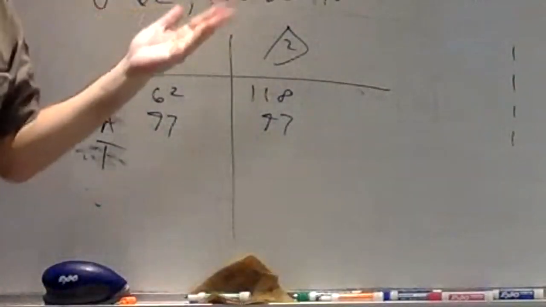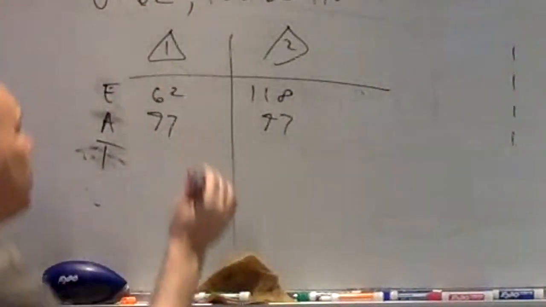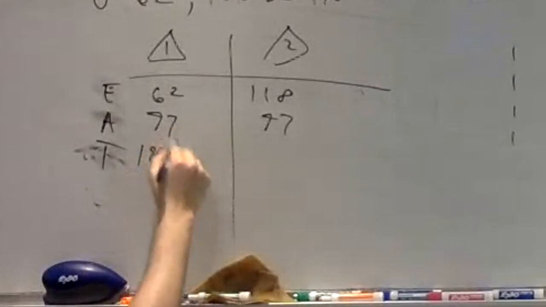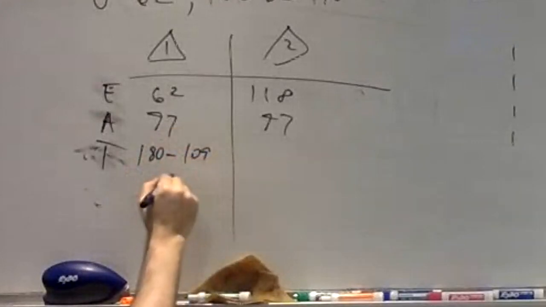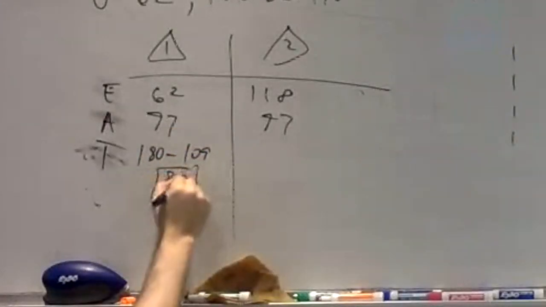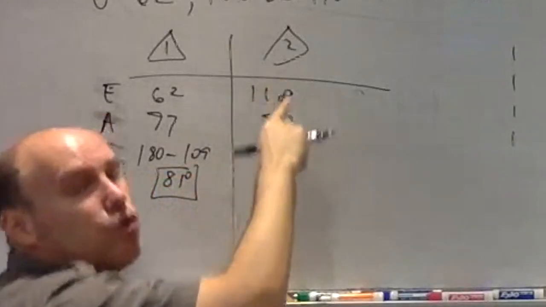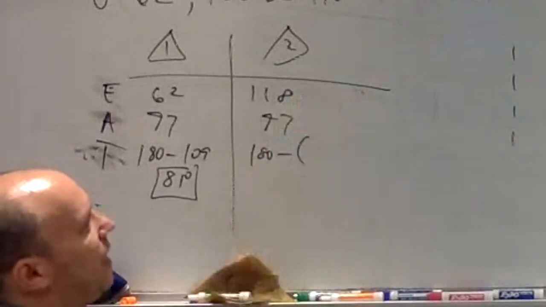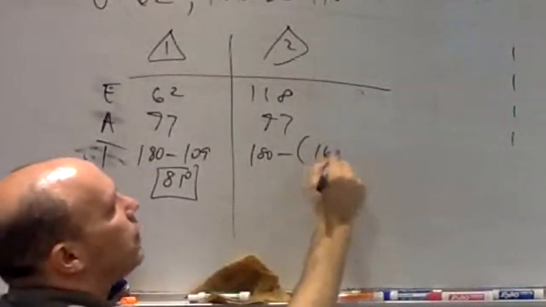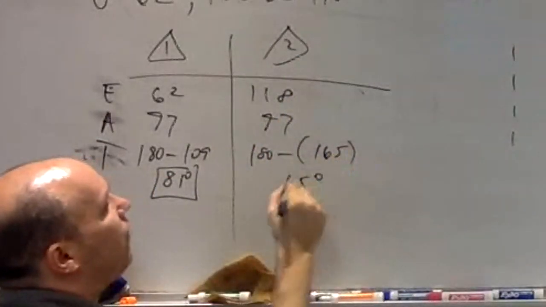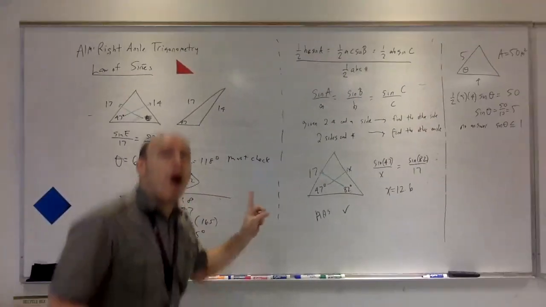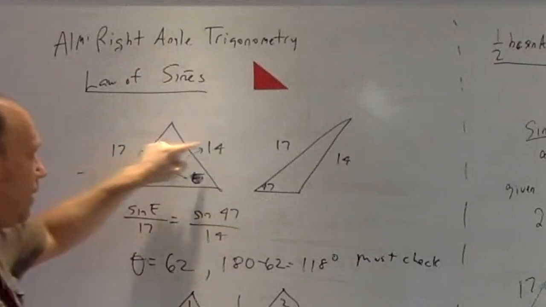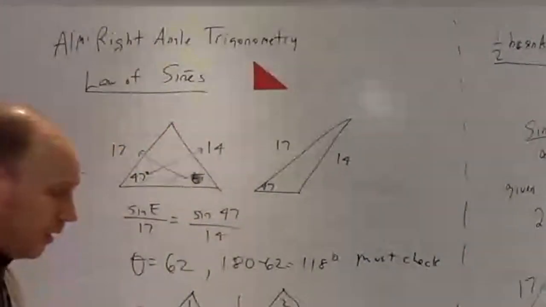Once again, I could draw anything I want. It might not be real. But you say, you know what, Mr. Adler? No, it's fine. Because this is 180 minus 109, so 71 is the third angle. And over here in the second situation, 180 minus, well, what's 118 plus 47? That's 165. So the other angle is 15 degrees, and therefore it is possible that we can make two triangles with a 47, 17, 14.